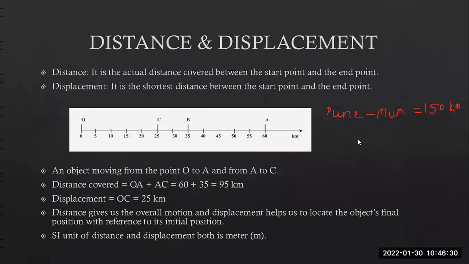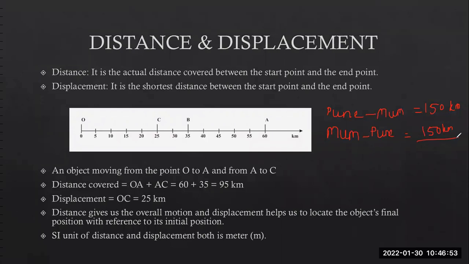In the morning, the train travels 150 kilometers, and in the evening, it covers again 150 kilometers. So how much is the total distance that it has covered? 300. Exactly, 150 plus 150, that is 300.